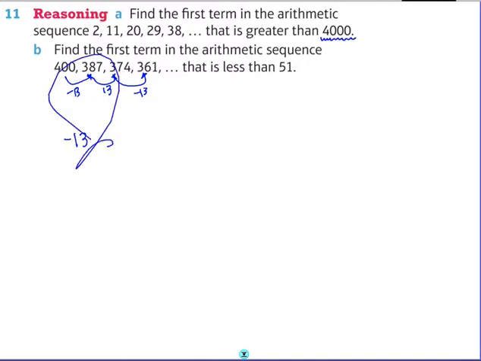So we're going to write 13n, and you have to bear with me, I'm using a mouse. And the 0th term is 413.